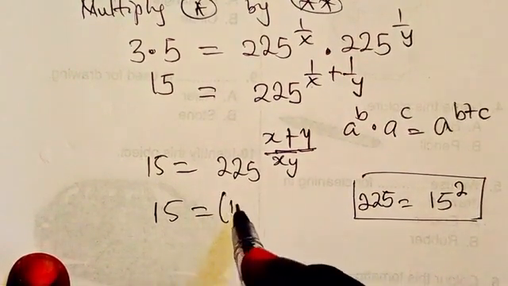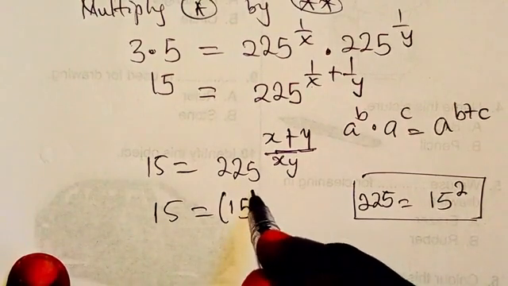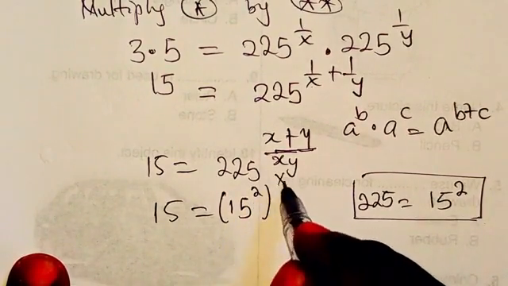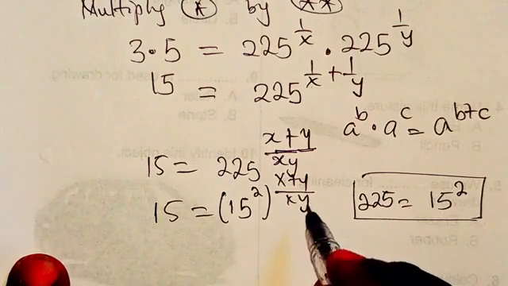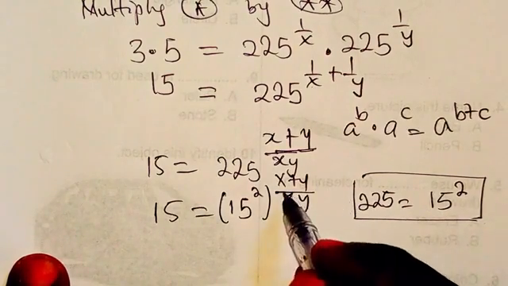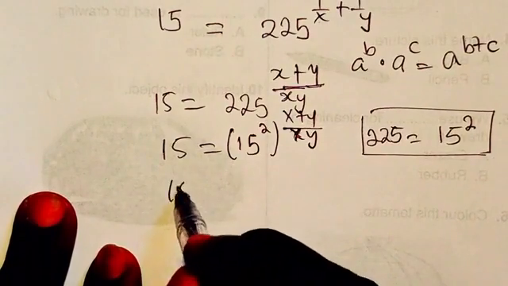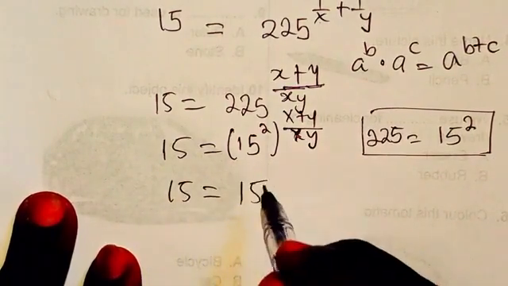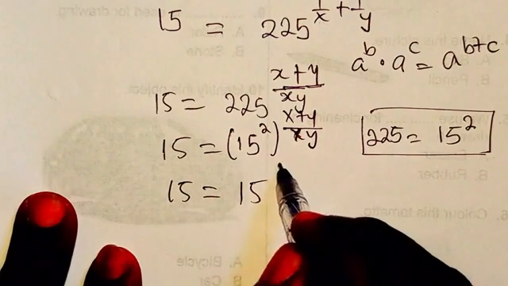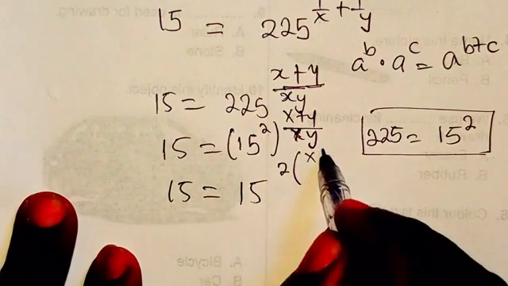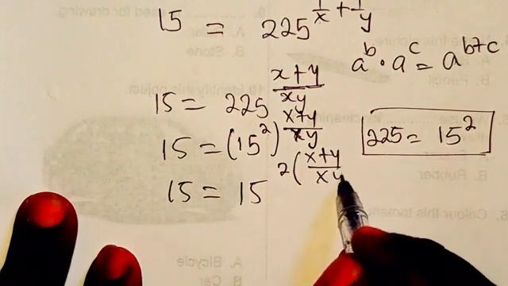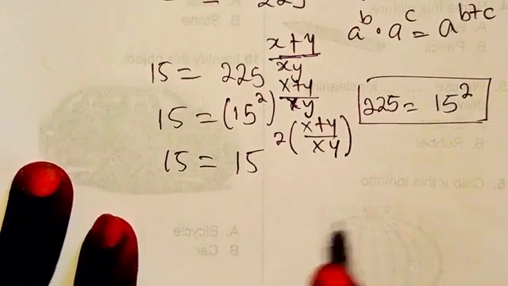So I write it as 15 raised to the power 2 times x plus y over xy. Are you following? Now we multiply everything here, 2 multiplying x plus y over xy.